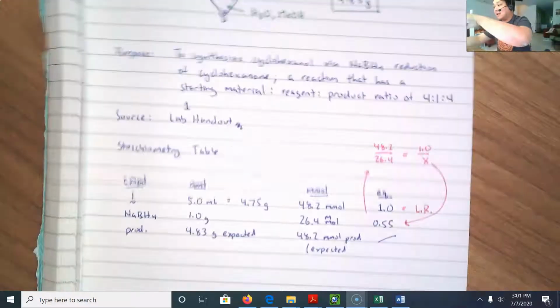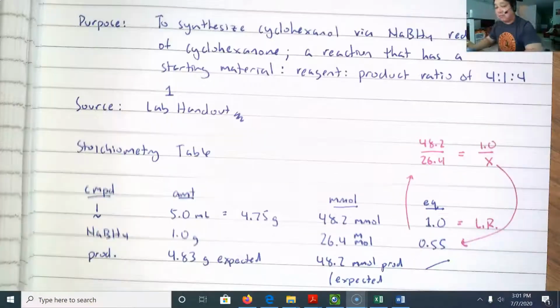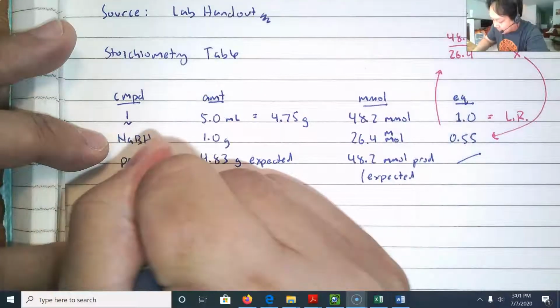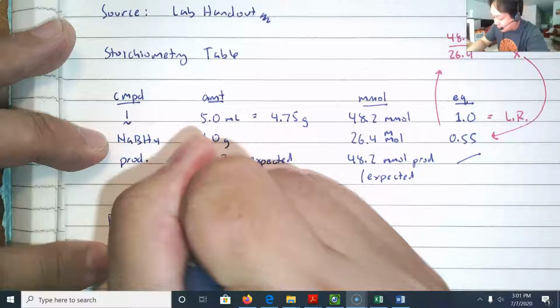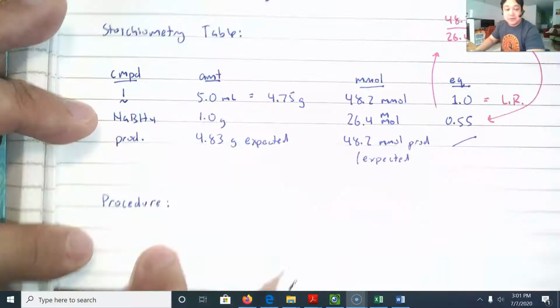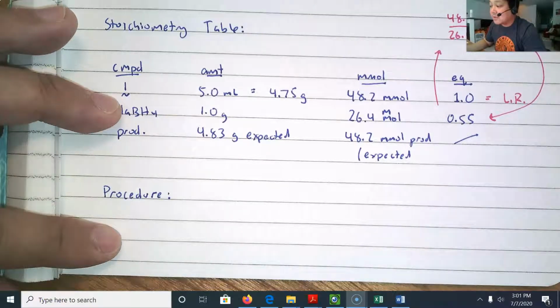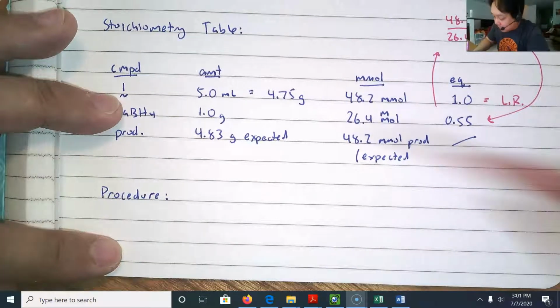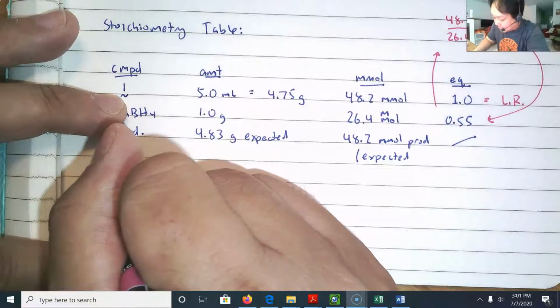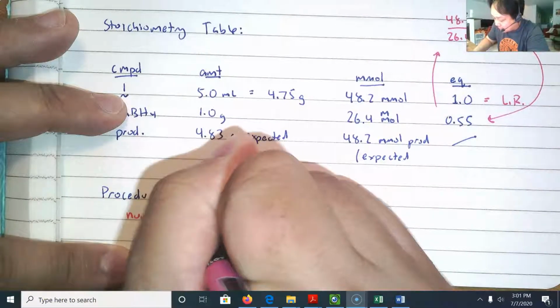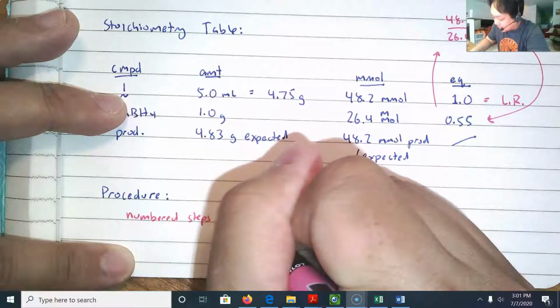The last thing we just do in your pre-lab entry is a procedure that I'm not going to do with you. You're going to do that on your own. A procedure. Now the procedure you are following obviously the handout, and I want this to be either numbered steps or bulleted steps.